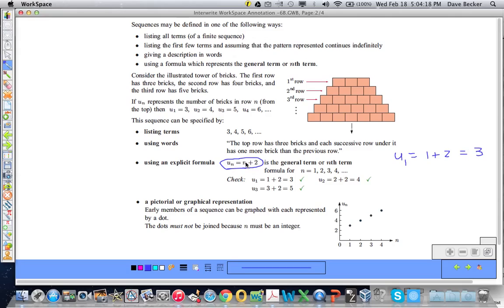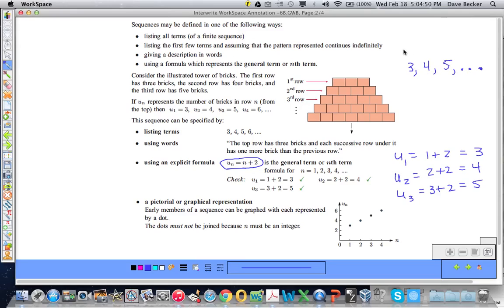Notice the 1 and the 1 are the same here, and the 1 stands for the first term. U sub 2 would equal 2 plus 2, which is 4. U sub 3, with n equal to 3 then, 3 plus 2 is equal to 5. So the first three terms of this particular sequence are 3, 4, and 5, and it just continues forever.